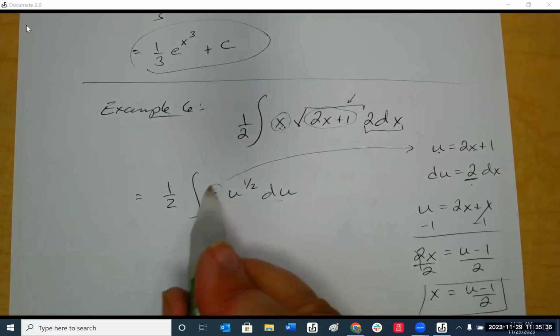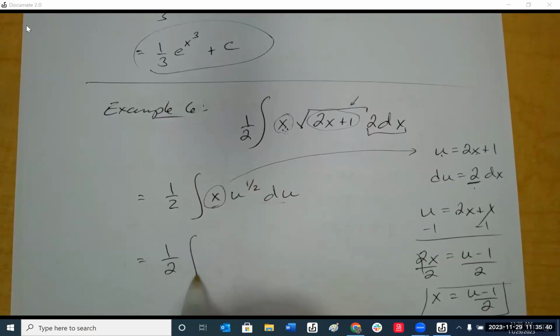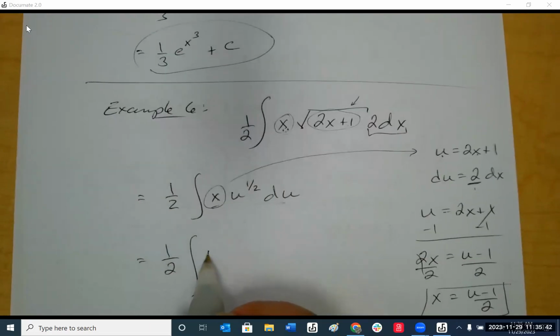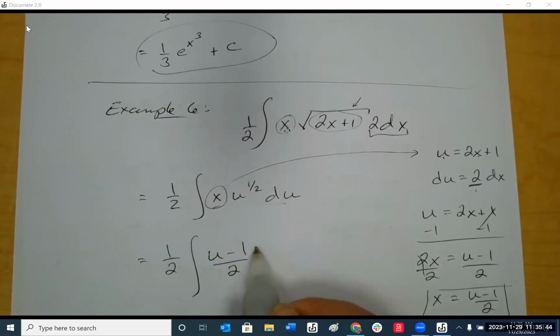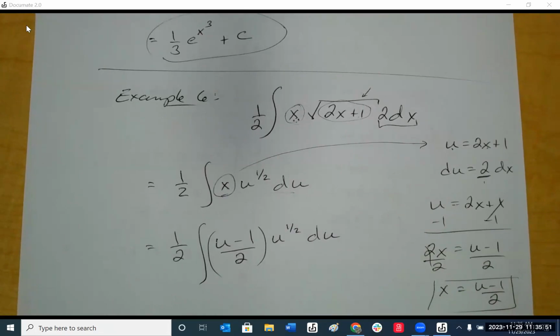That goes in this place. So far, so good?